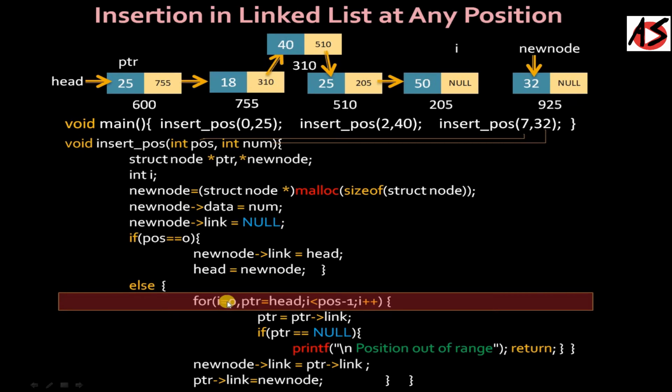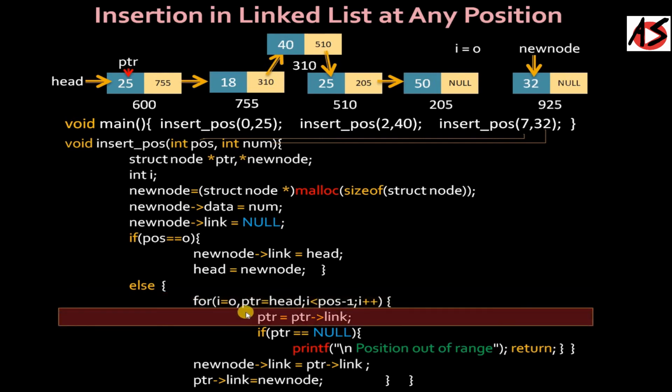In the else part we go into the for loop. In the for loop, initialization of I is equal to 0. So here we can see I is equal to 0 now, and the pointer is equal to the head node. So now our pointer variable is pointing to the head node, that is the starting node of the linked list. Now we will check the condition I is less than position minus 1.